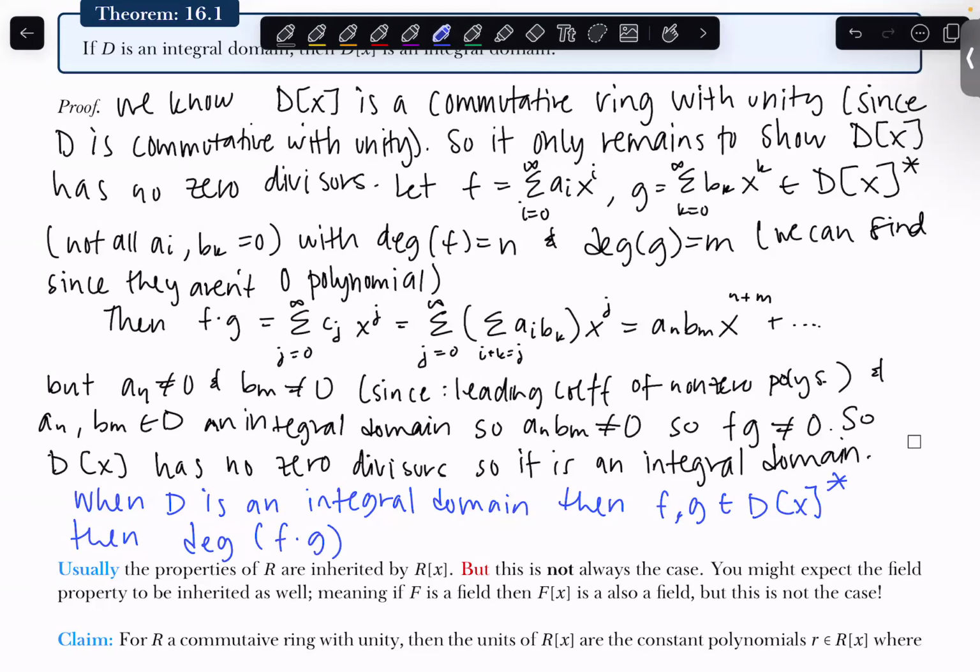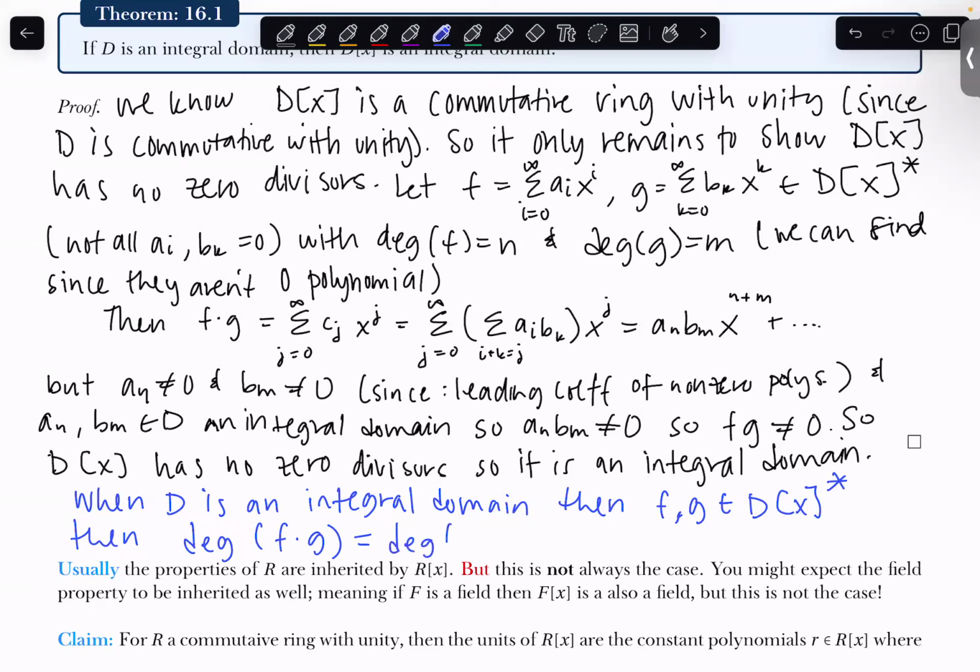Right, through our work, we're seeing this is the biggest power we'll see show up. This is non-zero. And so this has to be our degree of the product here. It has to be n plus m. So here, when I have an integral domain and I have two non-zero polynomials, I multiply them together. The degree is now going to be the sum of the separate degrees.